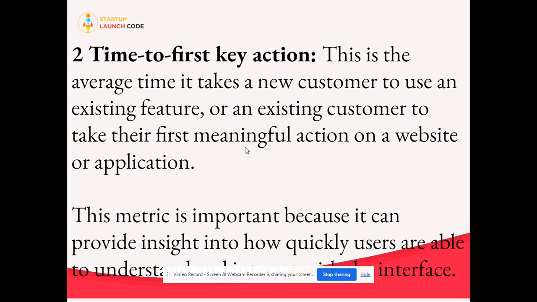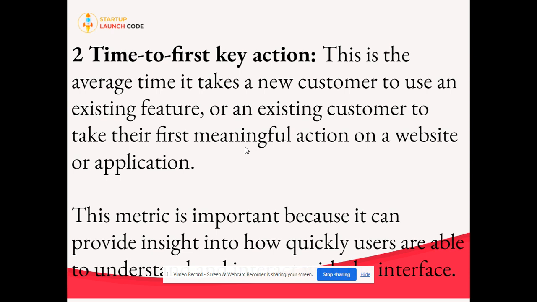What you can consider to be your key action is probably when a user completes their KYC, or makes their first deposit on the platform. So that is the key action. The time it takes for a new user to perform that key action on your application or on your website is what is termed the time to key action.